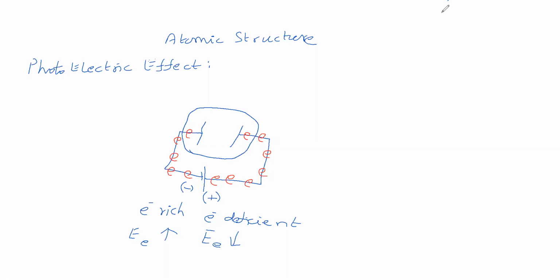Now, due to the battery, what will happen, that we'll see. In this negative plate, electrons are present, an electron rich center. Here the energy of electron is high.